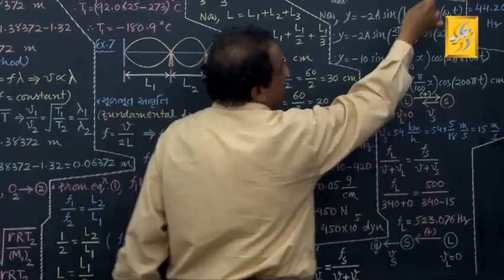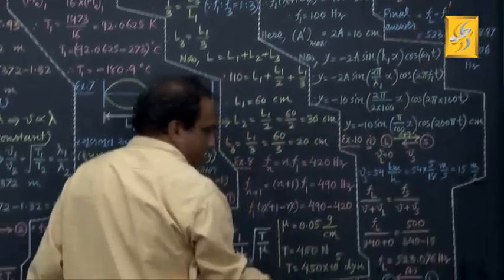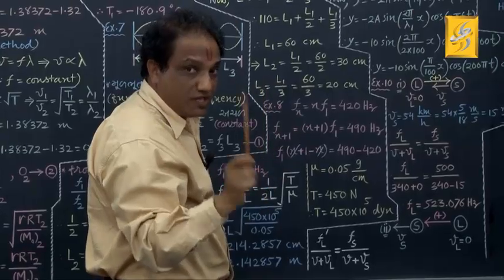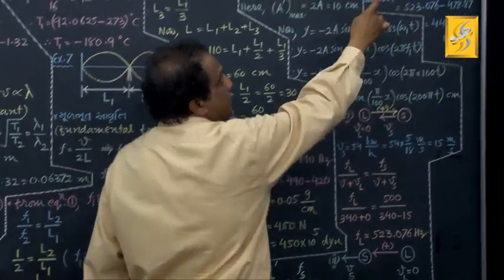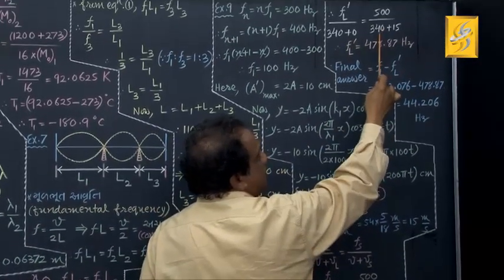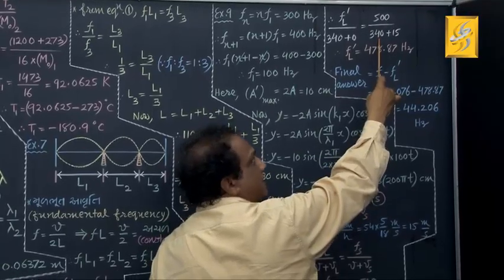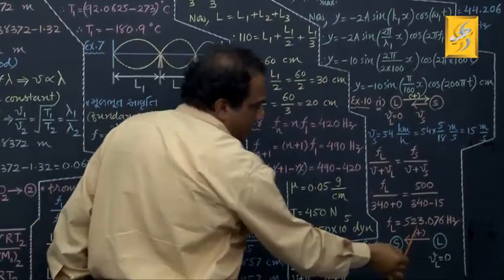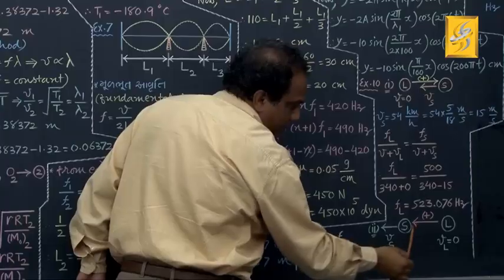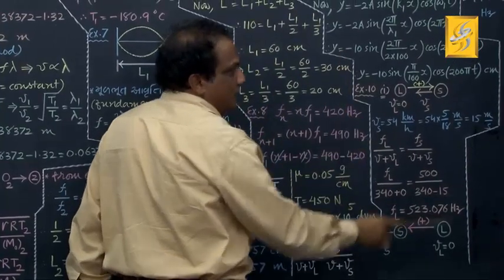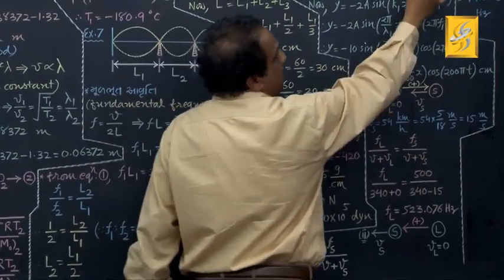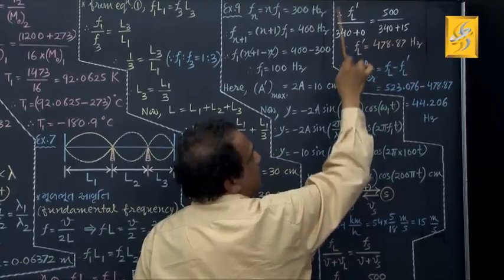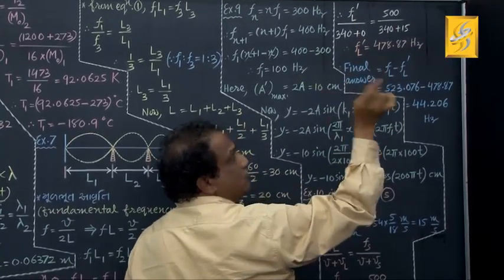That equals the frequency of sound actually generated from the source, 500 hertz. What about Vs? This direction is the same as this direction, so I should take its value positive: plus 15 meter per second. Simplify.